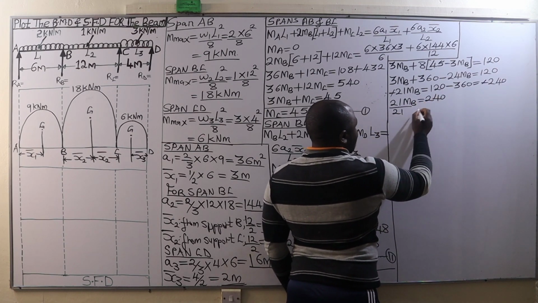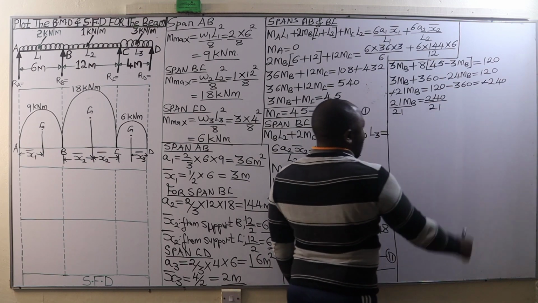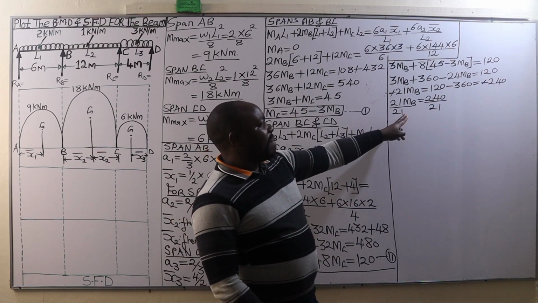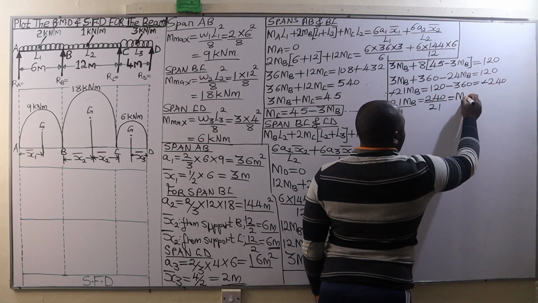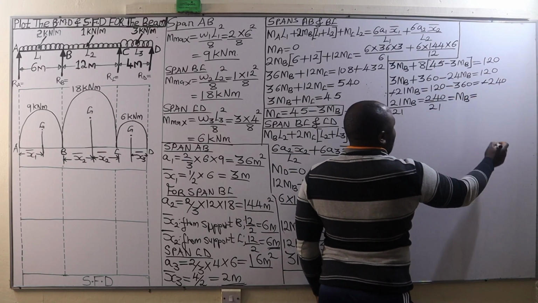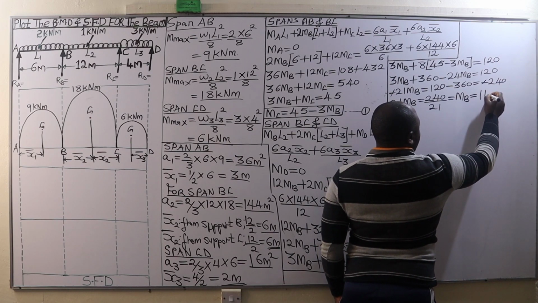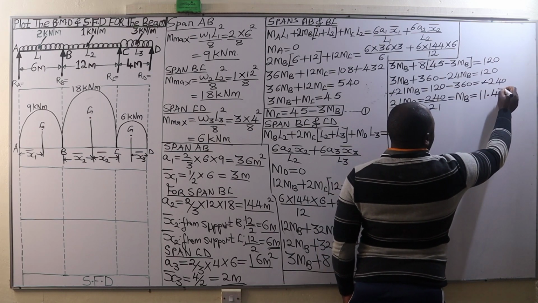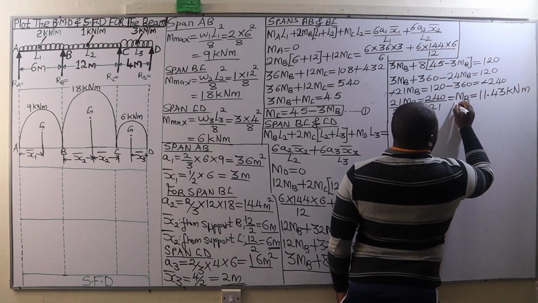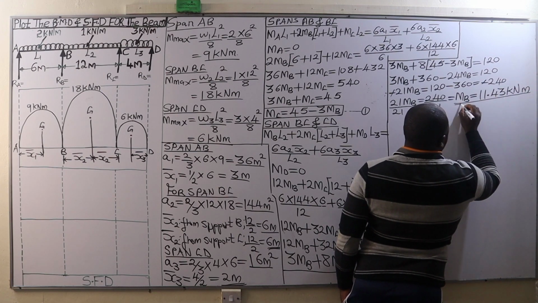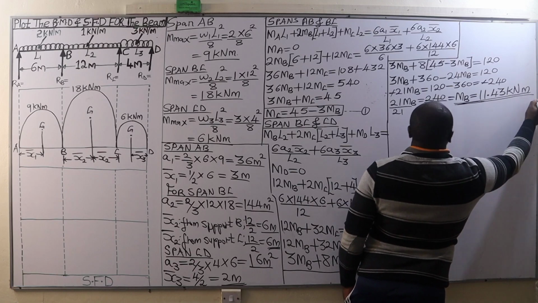We divide both sides by 21 to get the value of the bending moment at B, and that is going to give us a bending moment at B of 11.43 kilonewton meter. So that is the bending moment at the support B.